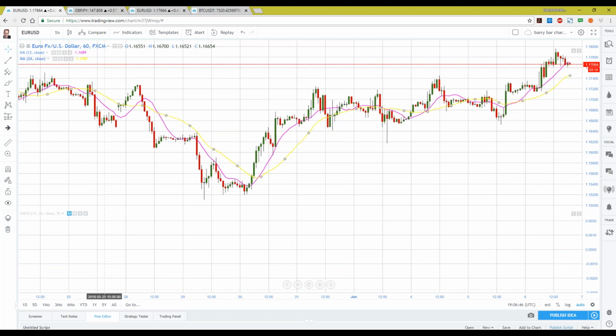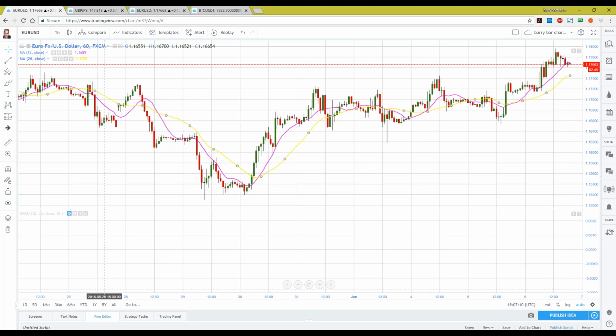Now, MACD is a 4-stage derivative. That means it's 4 levels away from price. So MACD, as the name conveys, moving average convergence divergence, starts out with a moving average, and it uses 2 moving averages, a 12-period moving average and a 26-period moving average.